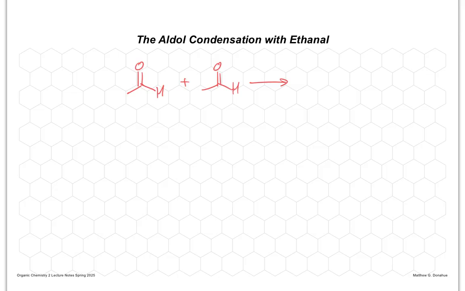Under basic conditions, I'm just going to show one of those hydrogens of the methyl group. So let's just say sodium hydroxide in water. We're going to form our enolate. That's going to be the nucleophile.